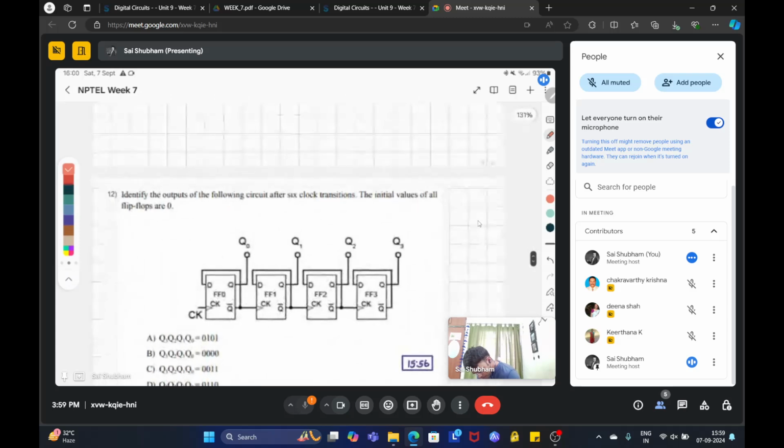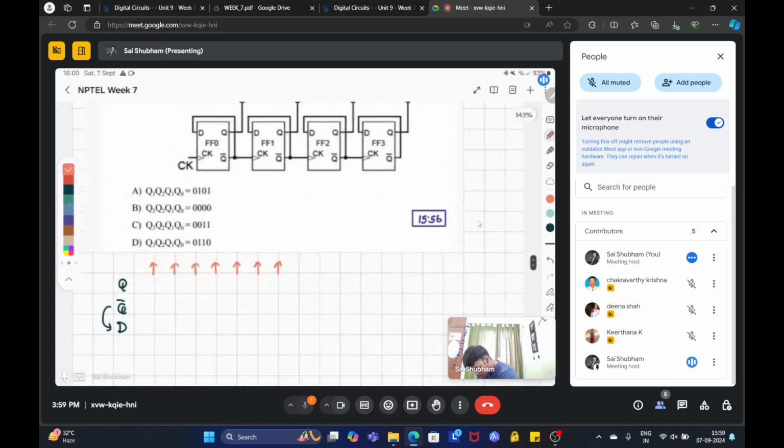So what are the initial conditions? All flops are 0, which means Q is 0, Q bar is 1 and D is 1. So this D will be reflected in the next cycle. So this will be 1, Q bar will be 0 and D will be 0. Okay. So the cycle will look something like this.